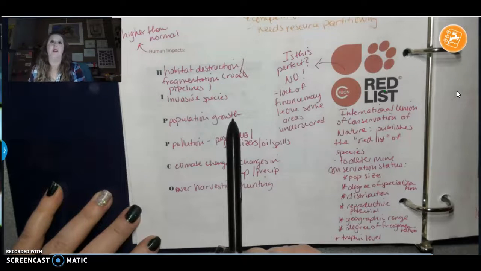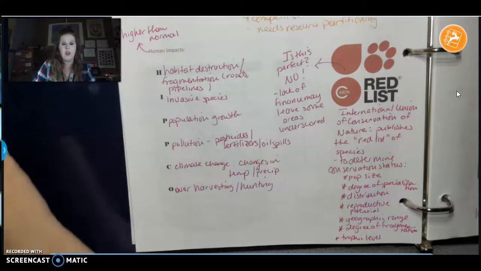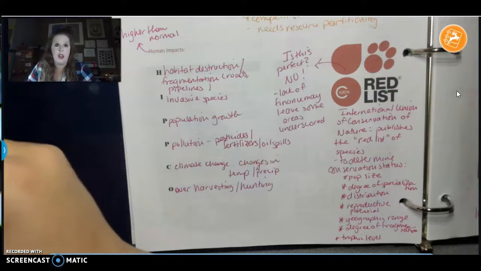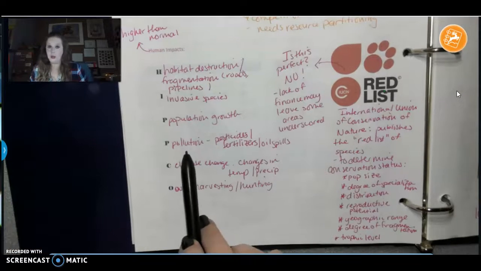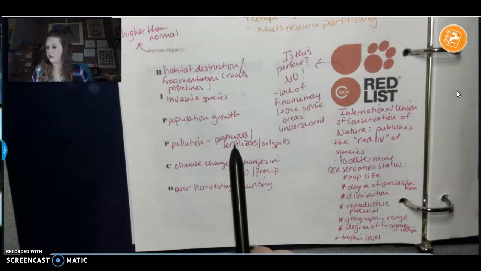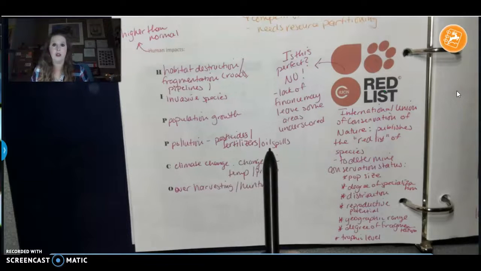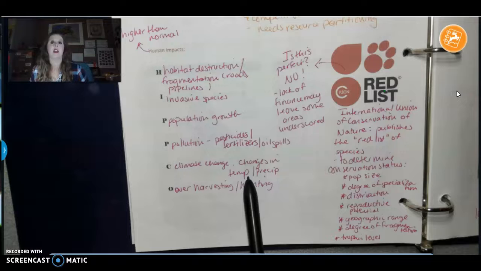Now this is human population growth, and we know that with the exponential growth that we're seeing in humans, it's causing increased deforestation, habitat encroachment. It also is going to lead to pollution. More people, more pollution. This includes pesticides, fertilizers, and oil spills. Climate change. So with our increased carbon dioxide levels, it's causing an increase in temperature. Over harvesting and over hunting.